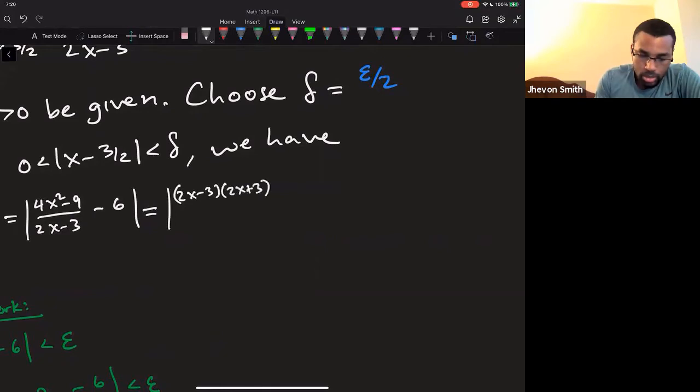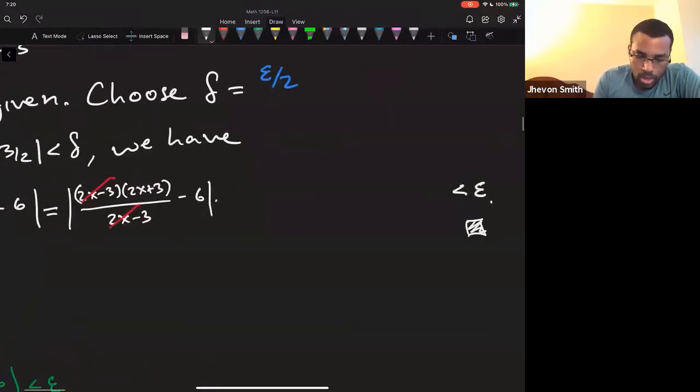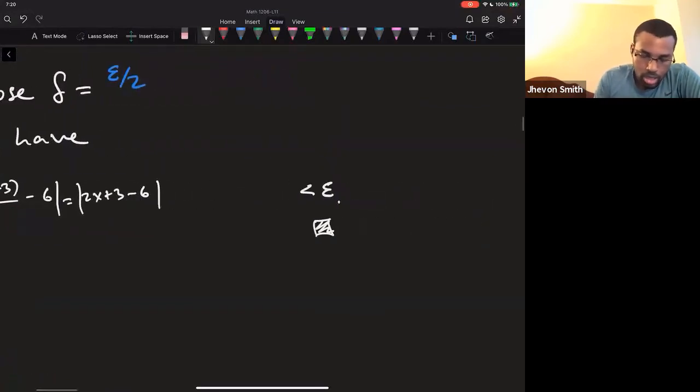Difference of squares. This is equal to 2x plus 3 minus 6. This is equal to 2x minus 3.